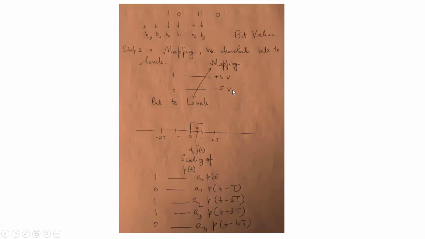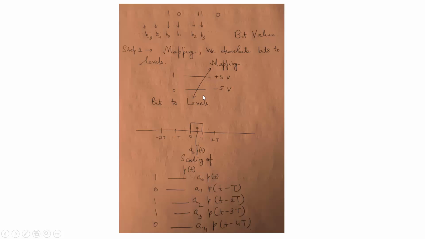So minus 5 will be multiplied with the pulse waveform to get a minus 5 volt resultant waveform to represent 0, to be transmitted to the channel. This is known as bits to level transformation, and this transformation is known as mapping. This mapping is bits to levels, right?